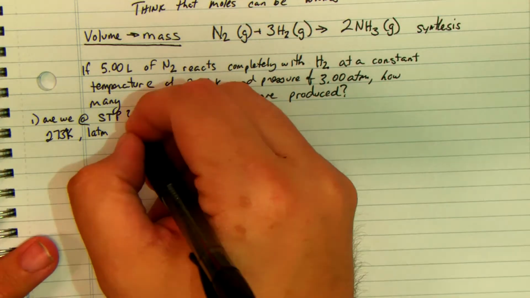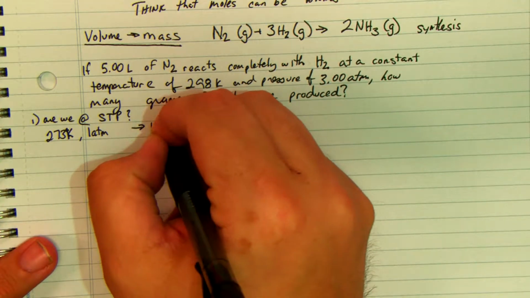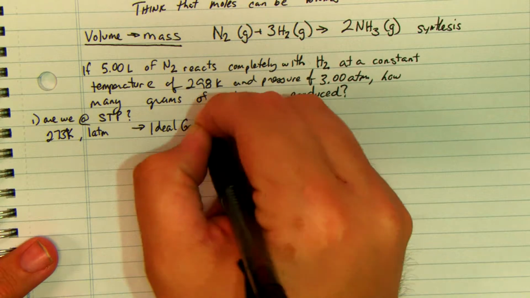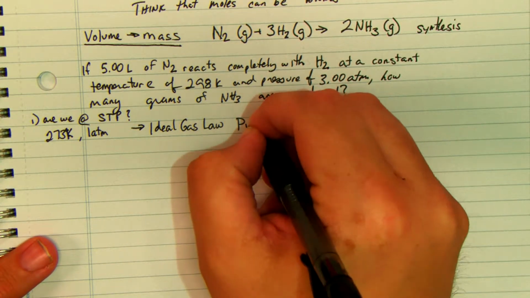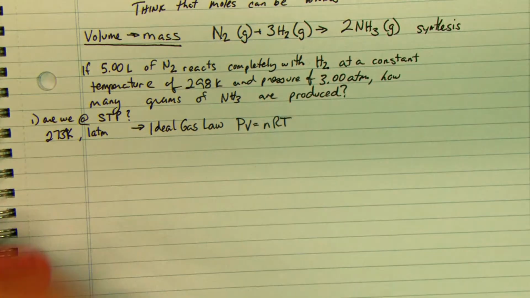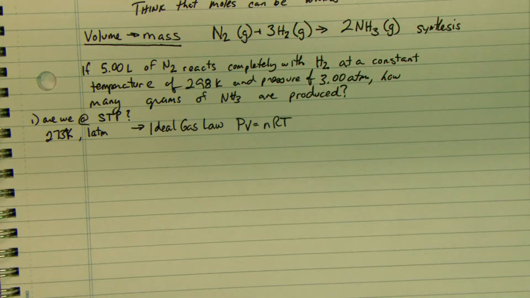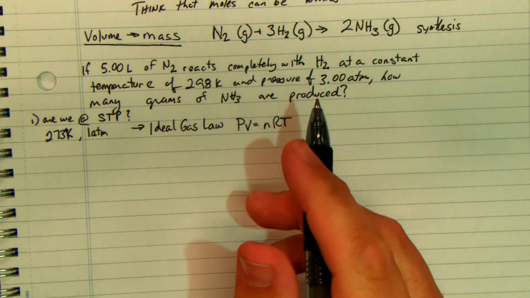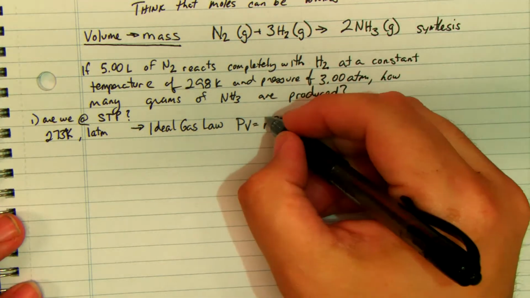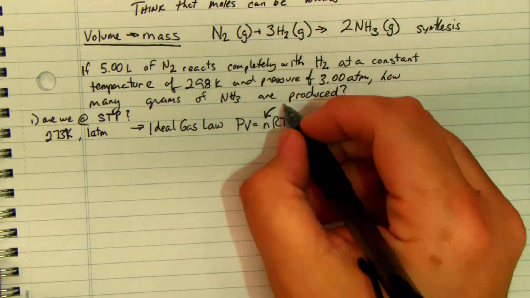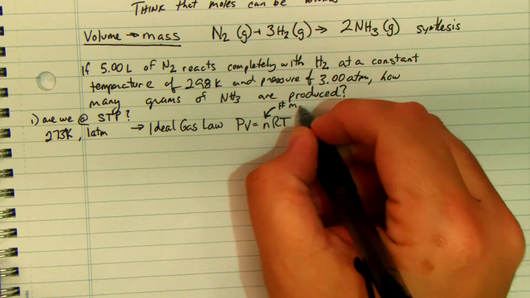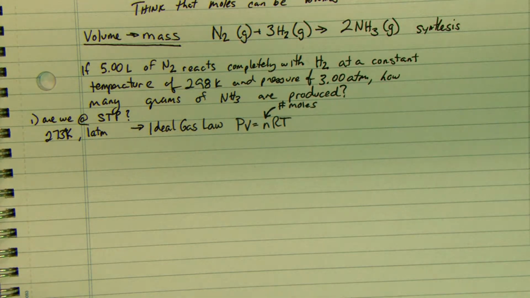So this is going to lead us to the ideal gas law, PV equals nRT. And the reason why we need to do this is because we need this number right here. What's n? The number of moles. R is our ideal gas constant.